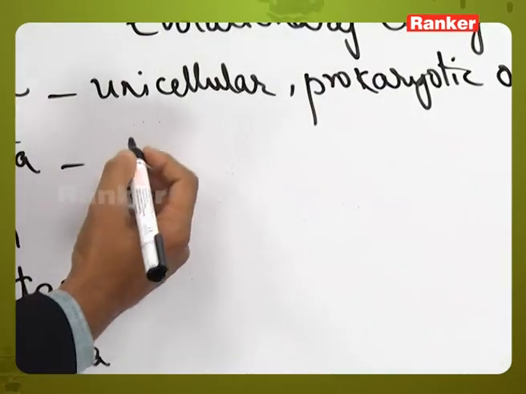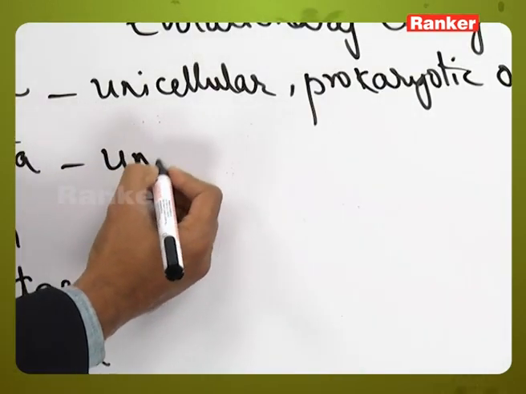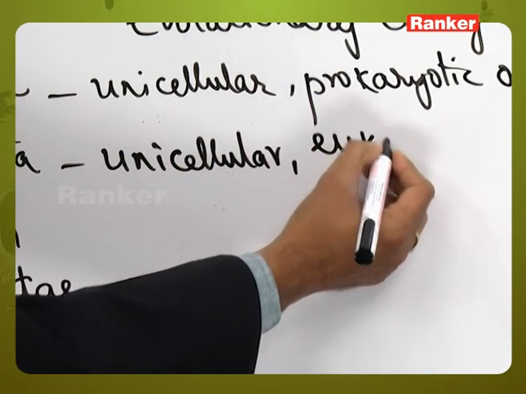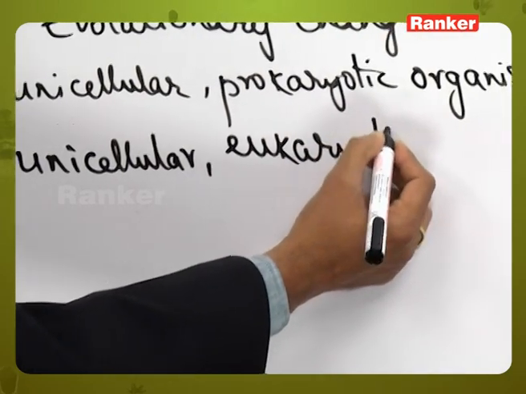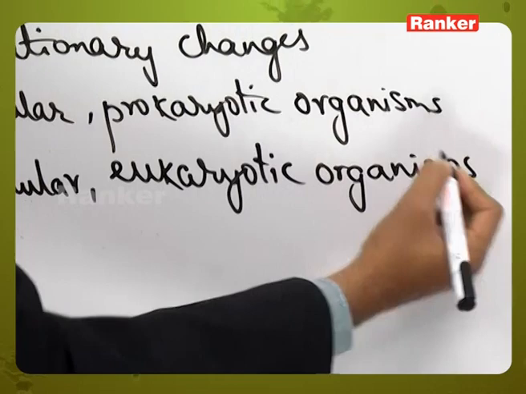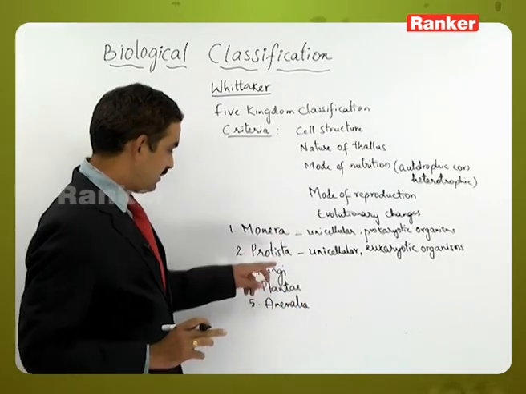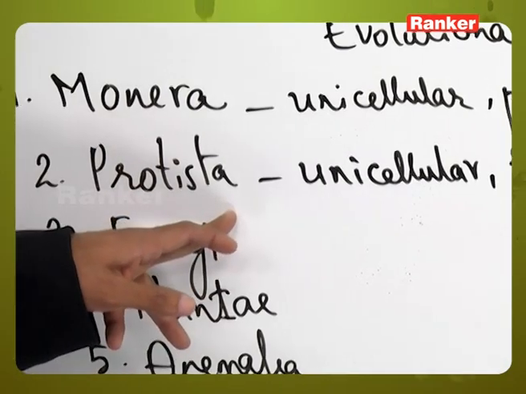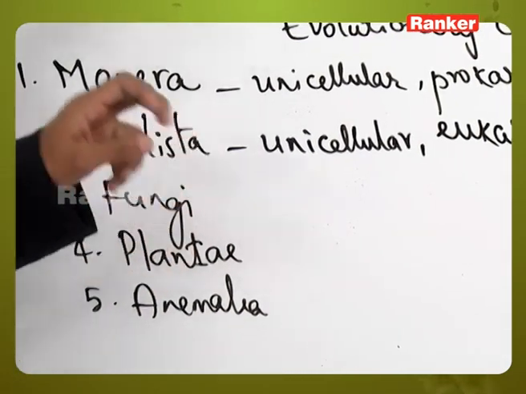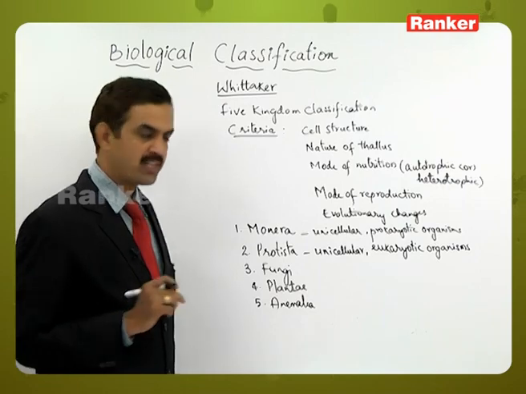The next one is Protista, which includes unicellular eukaryotic organisms. Here Protista also contains both animals and plants. They are unicellular in nature, but their actual characteristic feature is the eukaryotic nature.